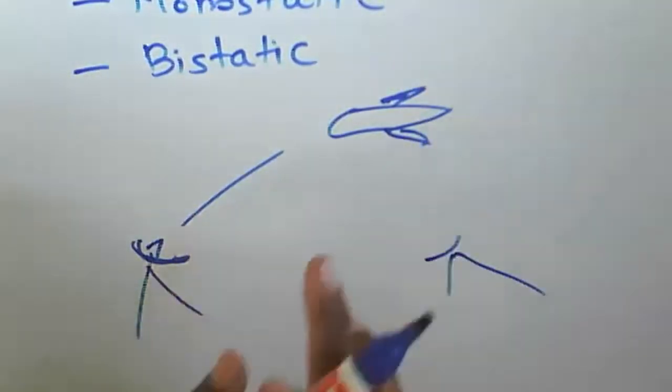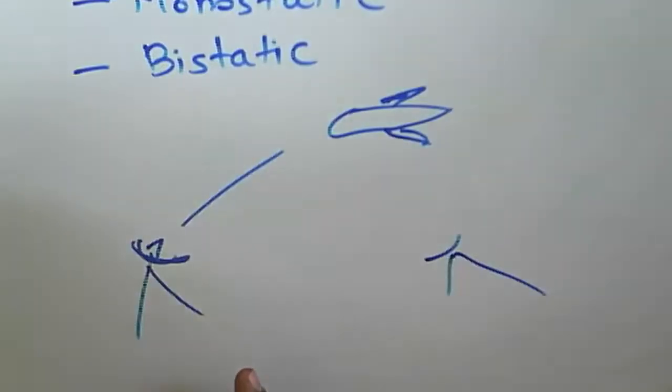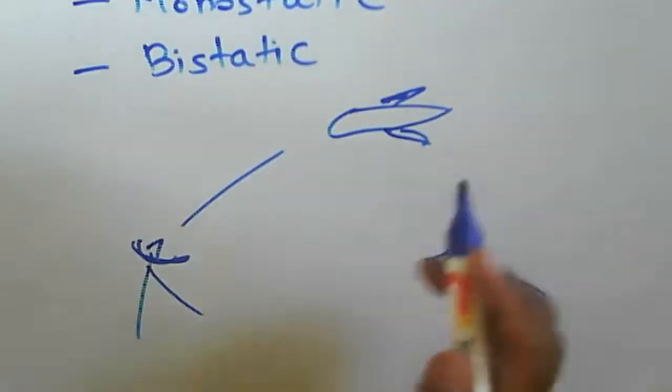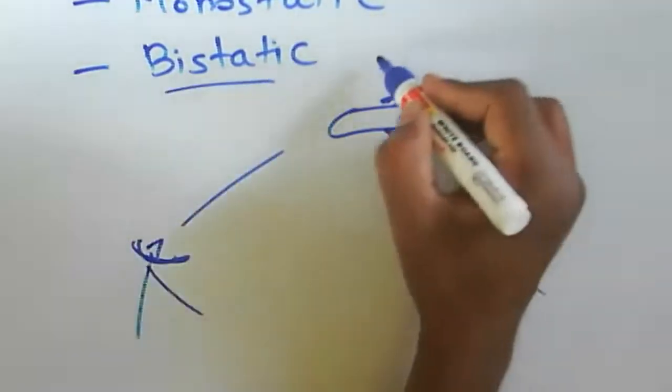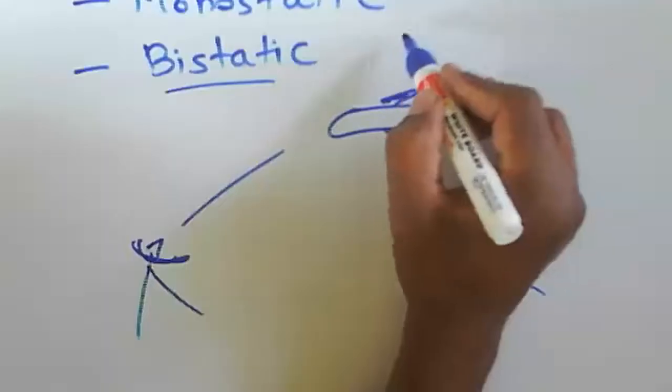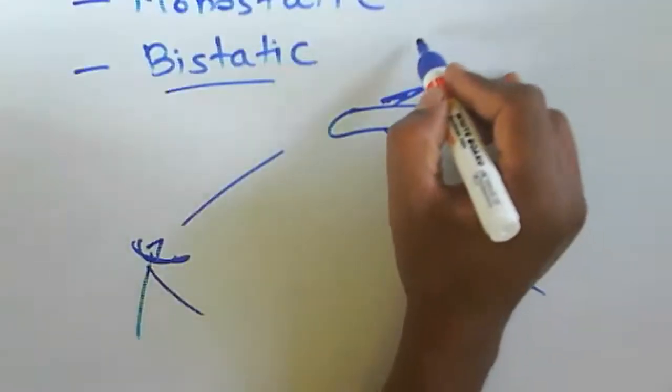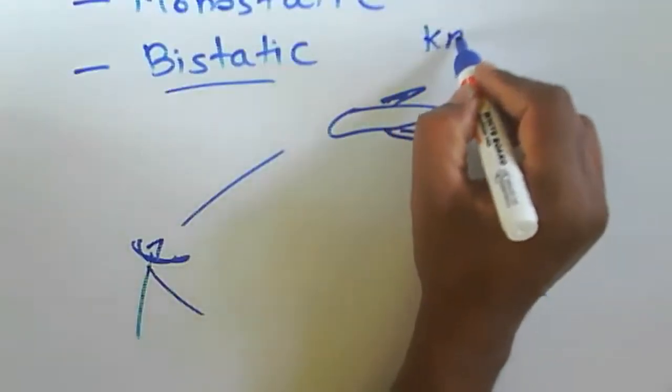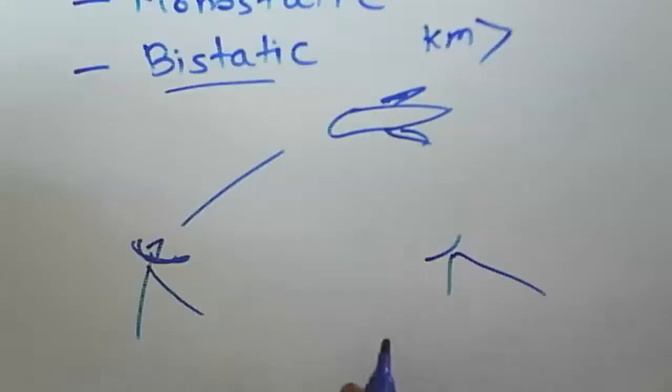Then the distance between the transmitter and receiver will be larger. So in that case, we can say that in a bistatic device the range between the transmitter and receiver will be greater than a kilometer. If the device is on the ground, that distance will be different.